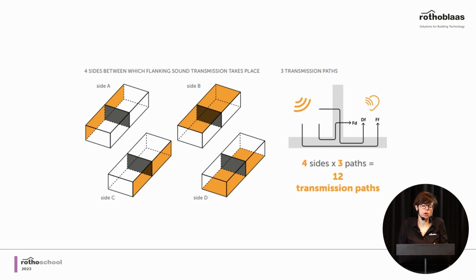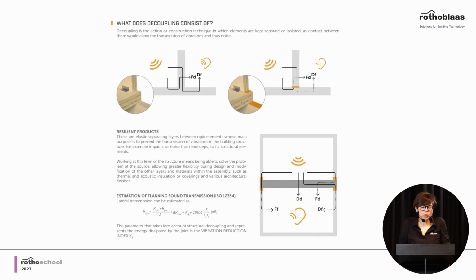It's an indirect phenomenon that needs to be forecast before, in the design phase, because of course it's very difficult to work on that in a second moment. So what we can do to avoid or reduce this phenomenon of the flanking transmission, so all this indirect propagation of the noise, the solution is to use resilient interlayers.